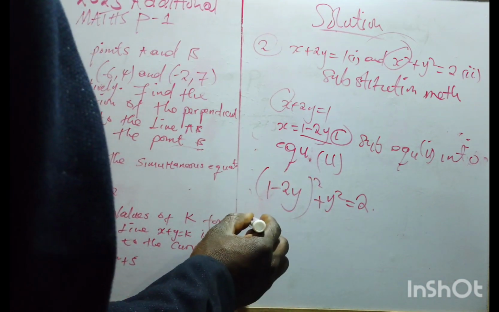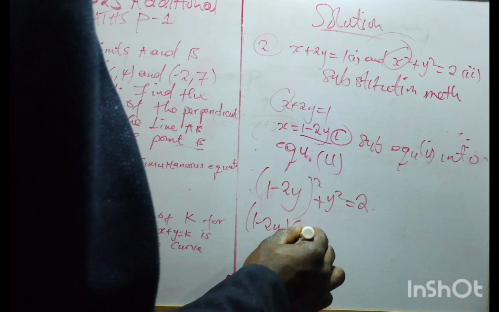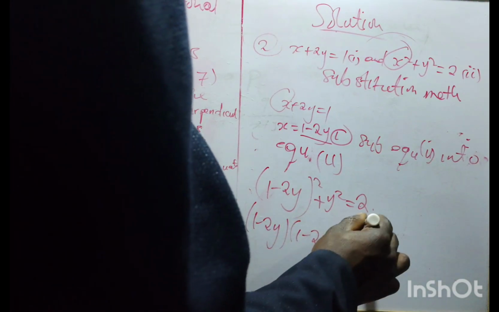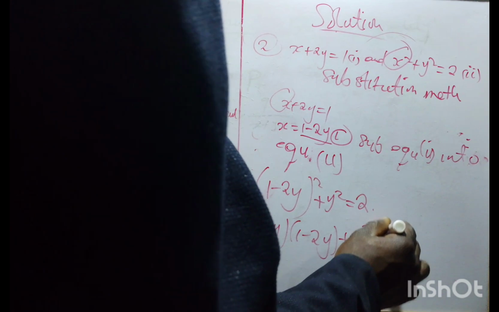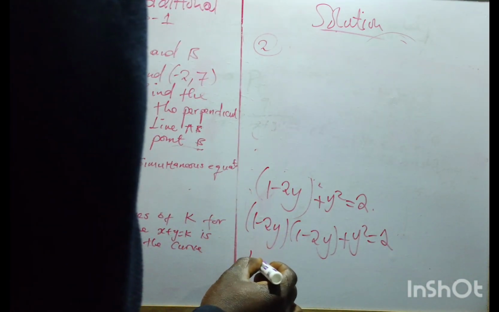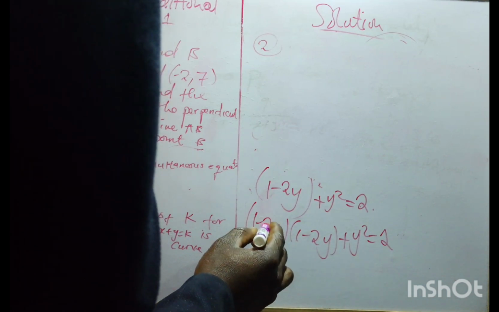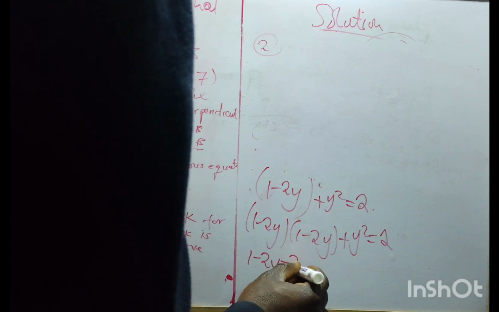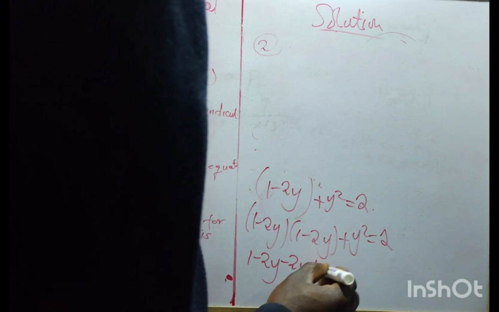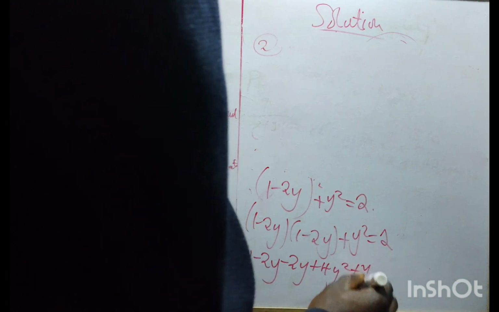We are going to expand this, which is (1 minus 2y) times (1 minus 2y), then plus y squared equals 2. When we expand, 1 times 1 is 1, then 1 times minus 2y gives minus 2y, minus 2y times 1 gives minus 2y, then minus 2y times minus 2y gives positive 4y squared, then plus y squared.